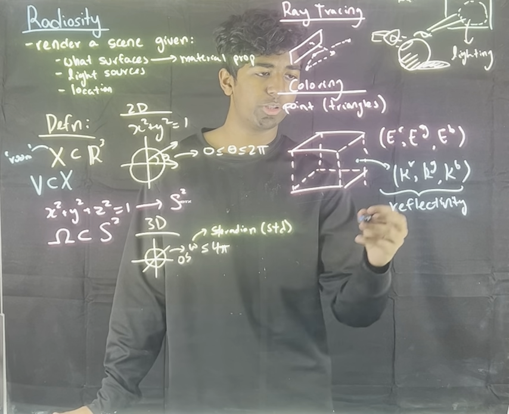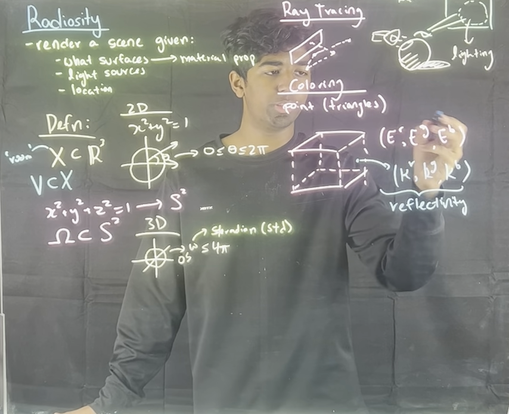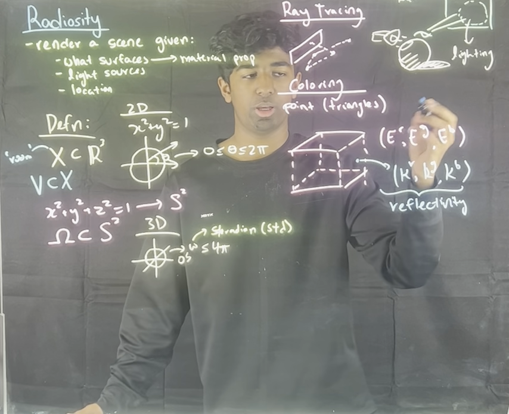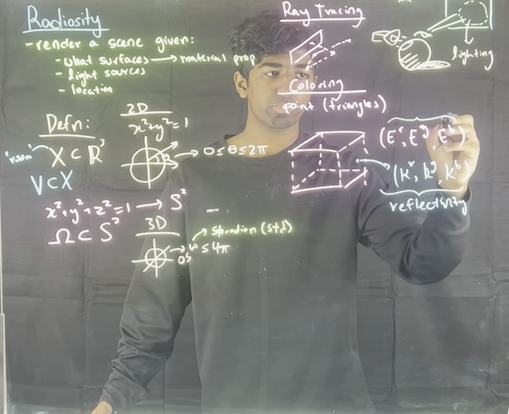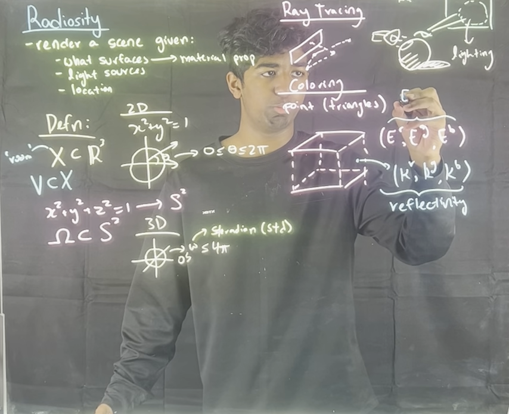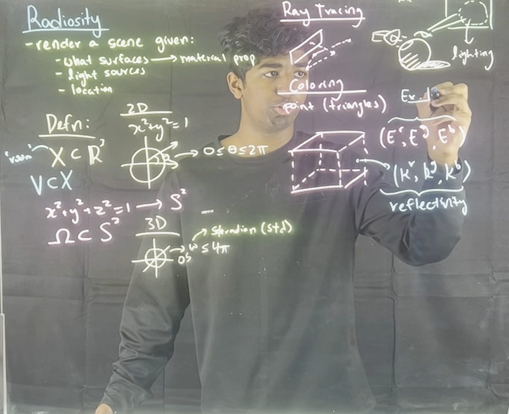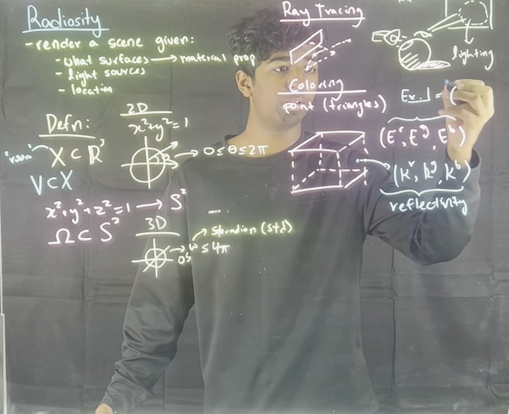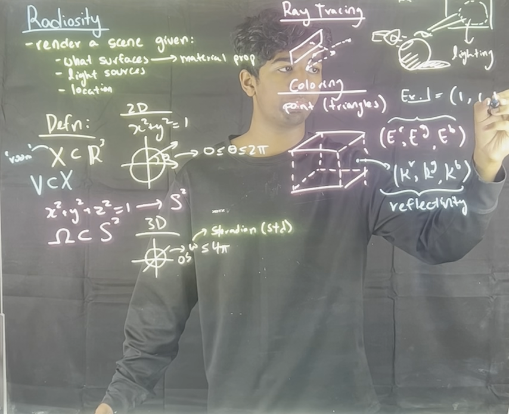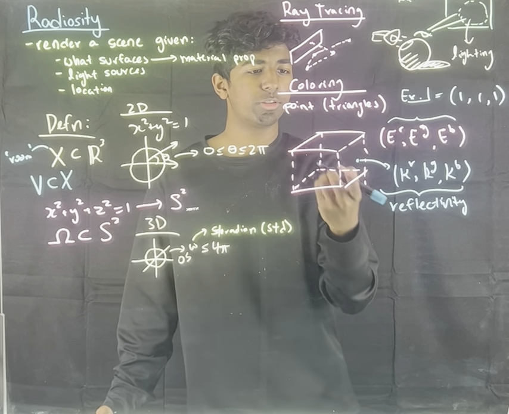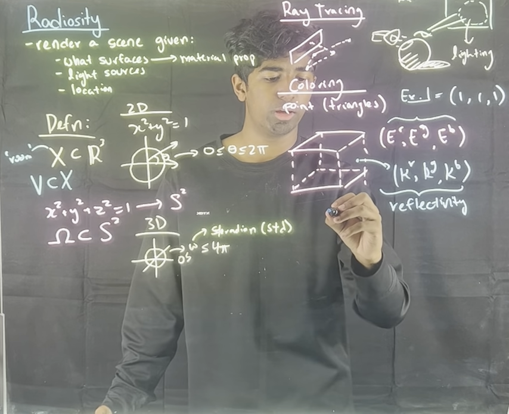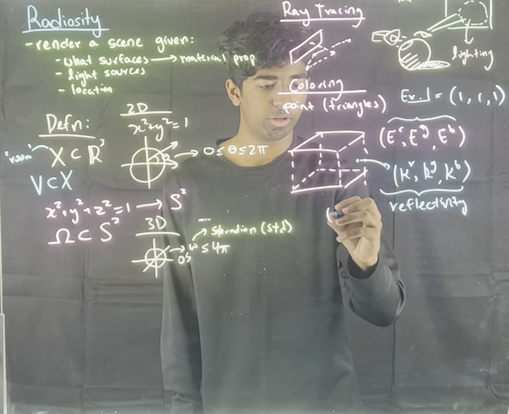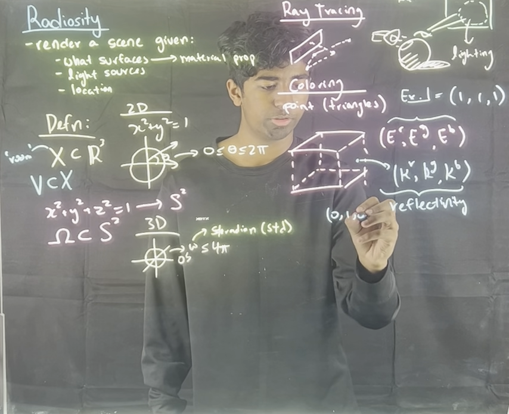So for example, E sub RGB is just the ambient lighting. Let's say we want E sub RGB equal to 1, 1, 1. And say at some point it has a reflectivity of 0, 1, 0, right?